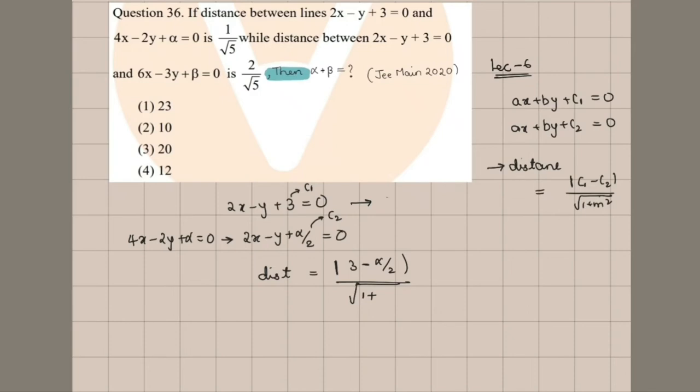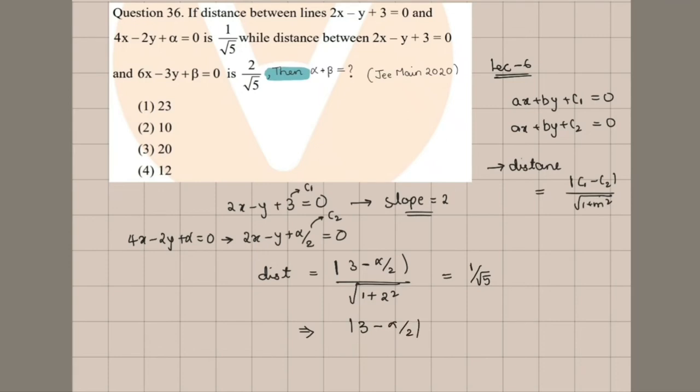If you reduce this equation to y equal to mx plus c form, as we have seen in lecture 5, the slope equals 2. So 1 plus 2 square. But this is given as 1 over root 5, which gives modulus of 3 minus alpha by 2 over root of 1 plus 2 square, which is root 5.